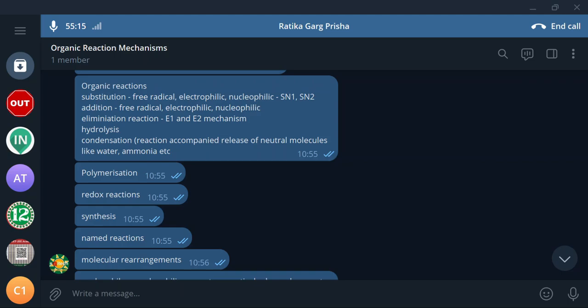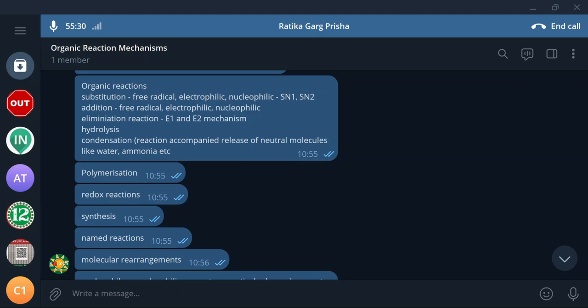What do you mean by SN1? Nucleophilic substitution, first order. And another one, nucleophilic substitution, second order.